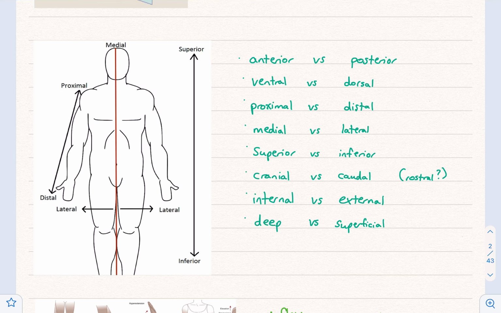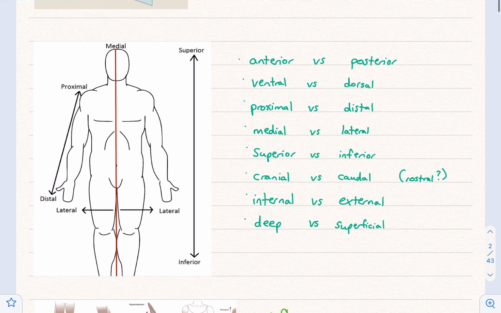Standing up straight, hands at your side, palms facing forward, and also feet facing straight on as well. Can't see his feet, that's not a great drawing, but yeah. So this is the anatomical position. Whenever you're talking about any kind of movement, you always start in anatomical position and then describe the movement from there.